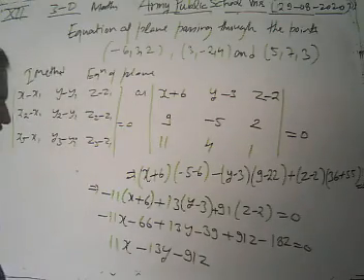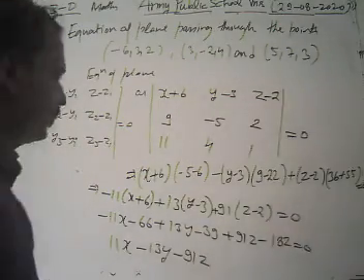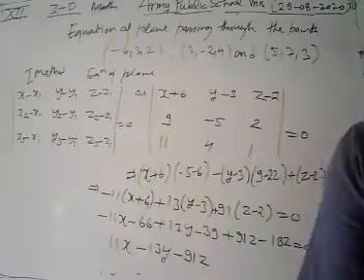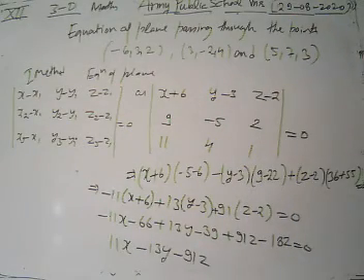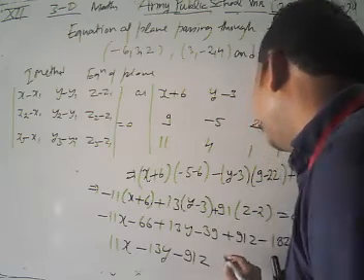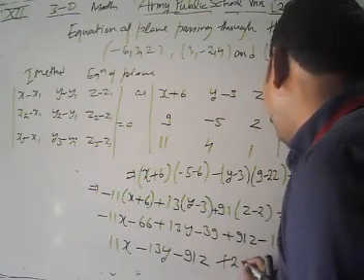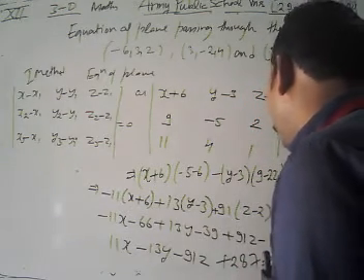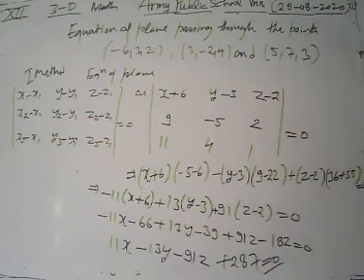Then we are going to simplify these constant values: minus 66 minus 39 and minus 182. It's 287. Then we have plus 287 equal to 0. This is our required equation of plane.